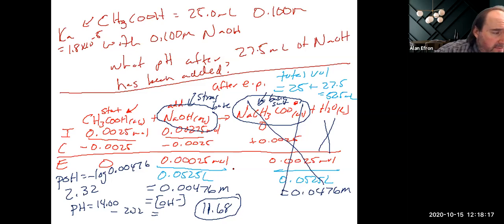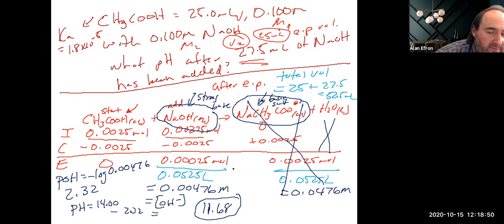The molarity of both the acetic acid and the sodium hydroxide were the same, which means if I started with 25 milliliters of my acetic acid, I would need to add 25 milliliters of my sodium hydroxide. It's a 1-to-1 relationship. You could do M1V1 equals M2V2 to figure that out. This would be M1, this would be V1, this would be M2. You could solve for V2, and you would get 25 milliliters, and that's the equivalence point volume.